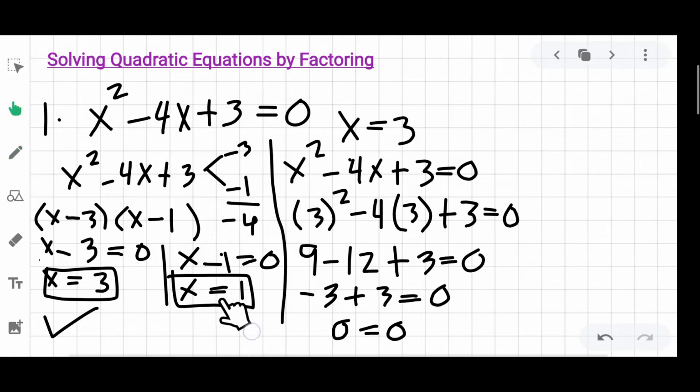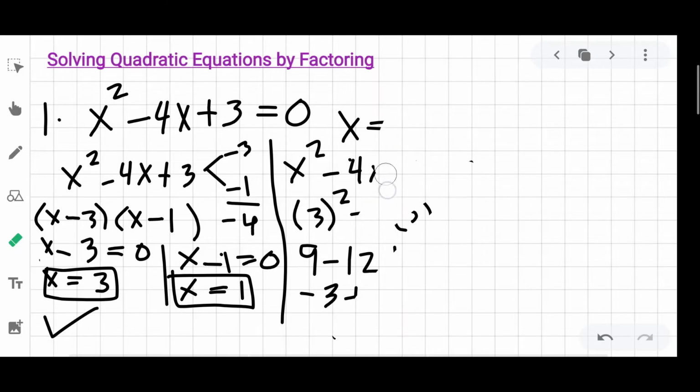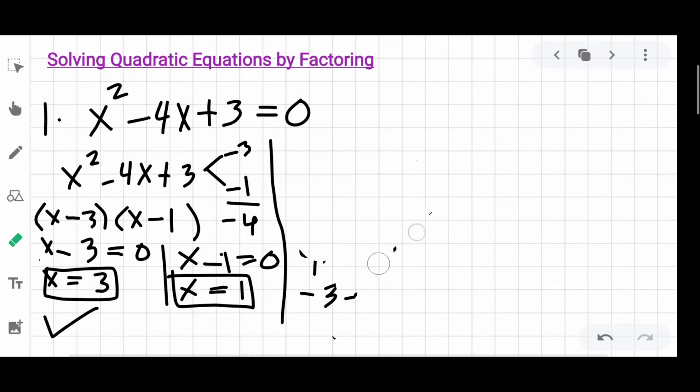Solve naman natin yung pangalawa nating solution, which is x equals 1. Buburahin ko lang tong checking natin para magkaroon tayo ng space. Okay. X equals 1.